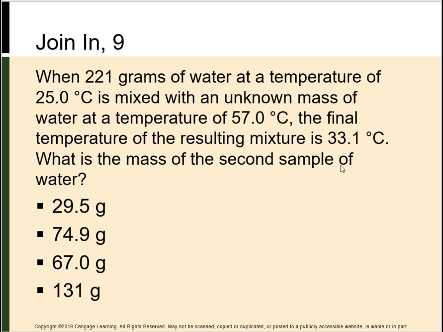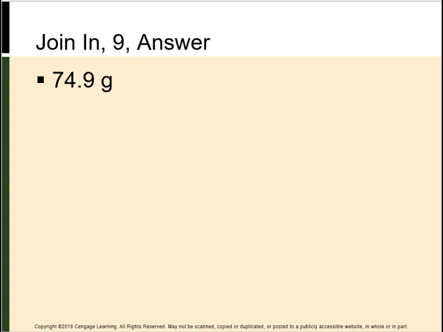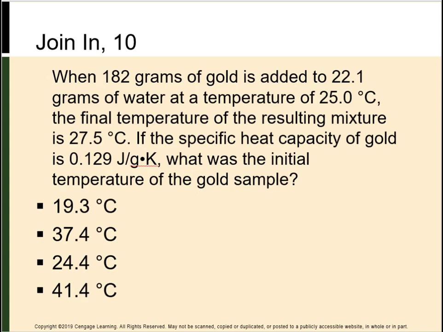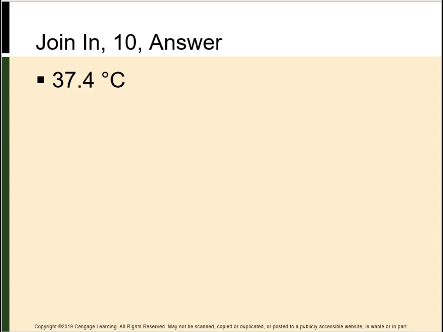What's the mass of the second sample of water? Again, pause to find the initial temperature of the gold sample. And that finishes up the first section of this lecture.